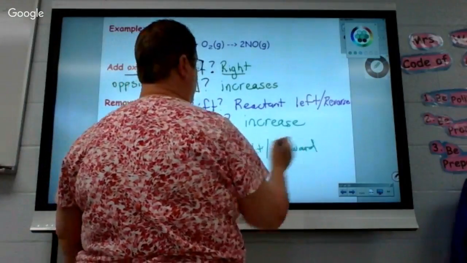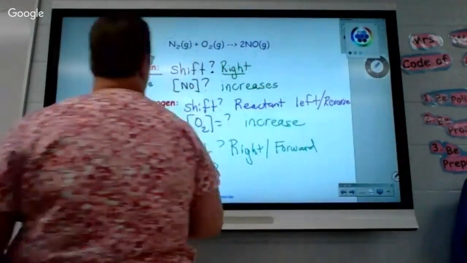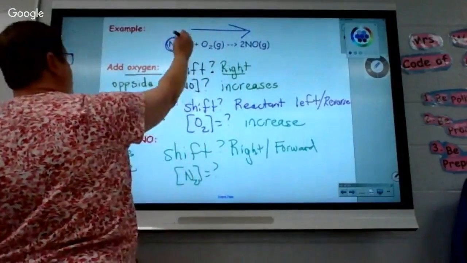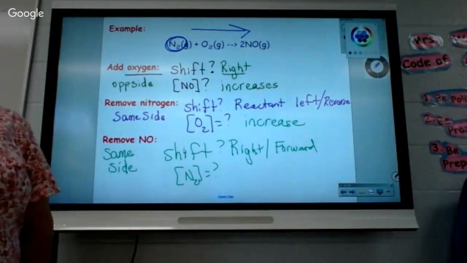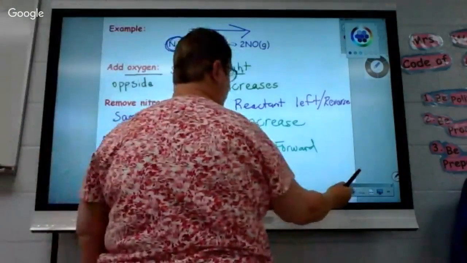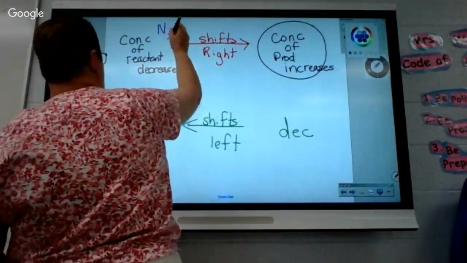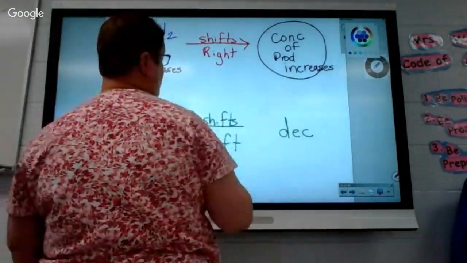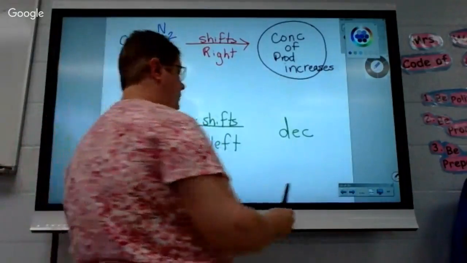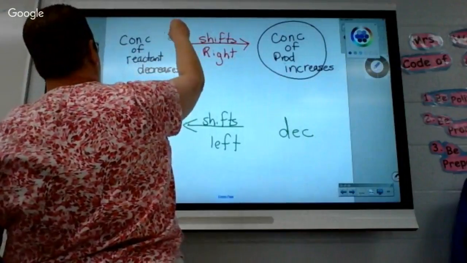All right, so if we go forward, what's going to happen to our amount of N2? Look here. We're going this way. N2 is over here. What's happening to N2? You're looking at the way the equation is written.